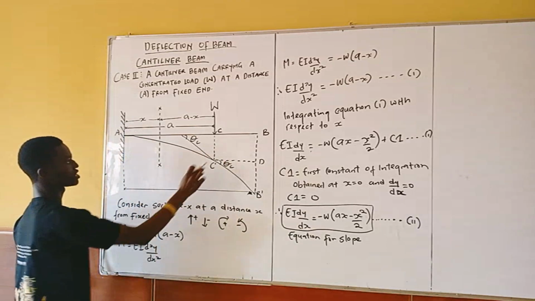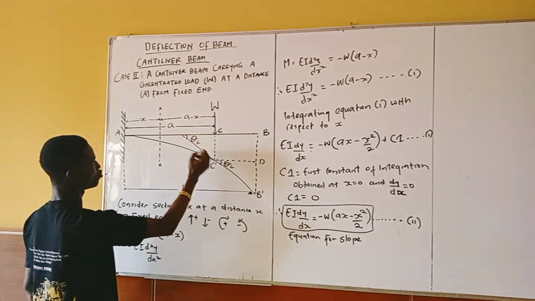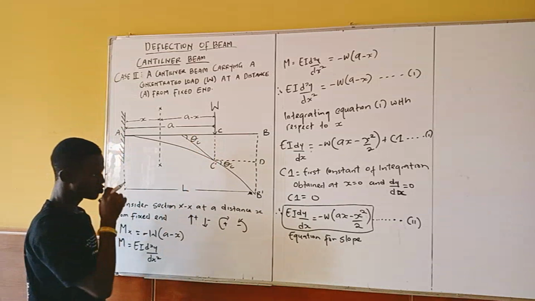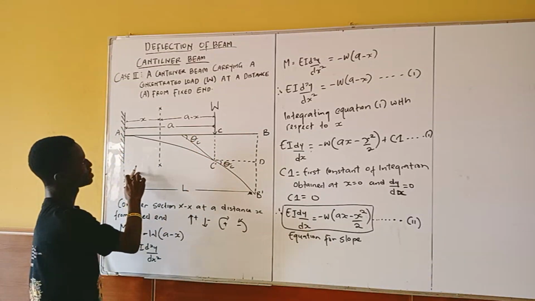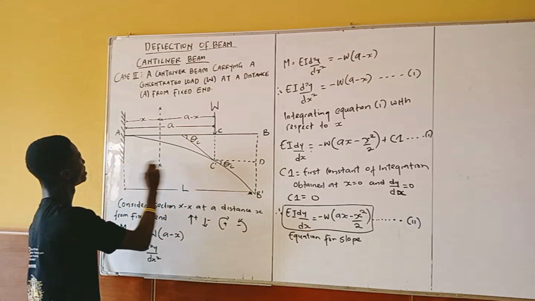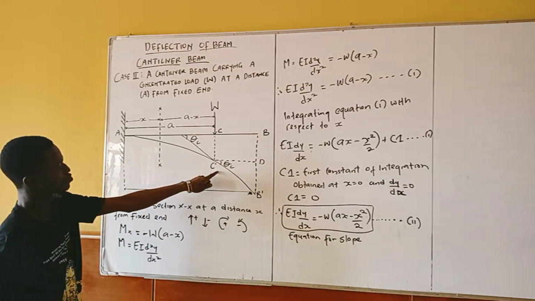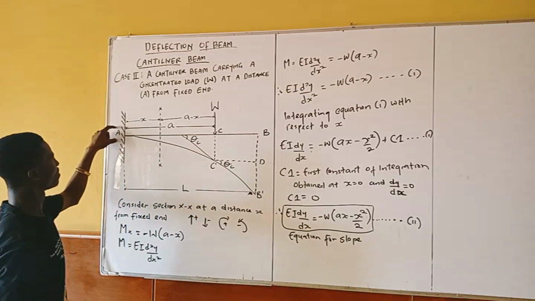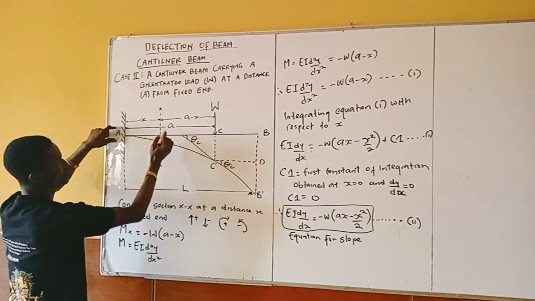You understand? At where the load is, for me to have slope at this point C, I'm going to have that when my x is equal to a. So I'm going to have my maximum slope here when the value of my x is equal to the distance covered, which is a.